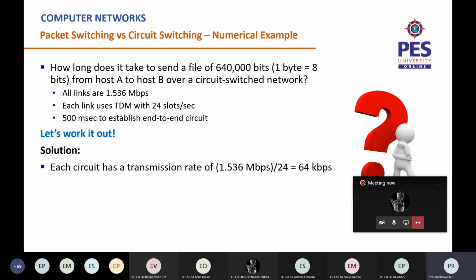So we have to figure out one circuit's transmission rate in a circuit switched network, because a circuit should be established. The whole link capacity is this. Out of that, each link uses 24 slots per second. So you have to find each circuit's transmission rate. So I simply divide 1.536 Mbps by 24.